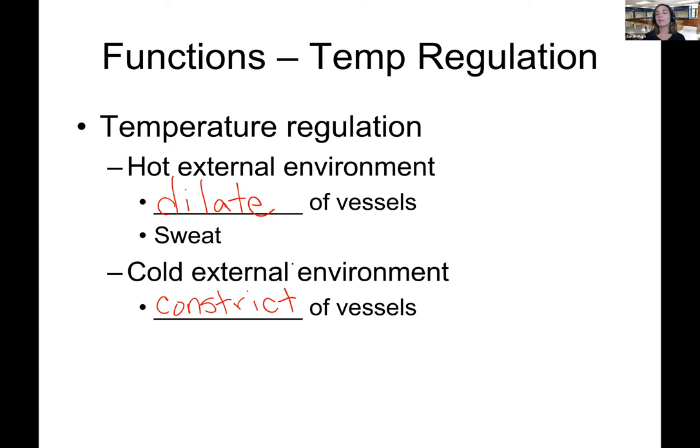So this is why when it's really cold outside, the first things in your body to get cold, or even if it's super cold to get frostbite, would be fingers, toes. Your nose a lot of times gets really cold, and so do your ears. So it's all of your extremities that would get super cold, and that's just because you've constricted all those vessels and you're keeping your warm blood in your core, not your extremities.